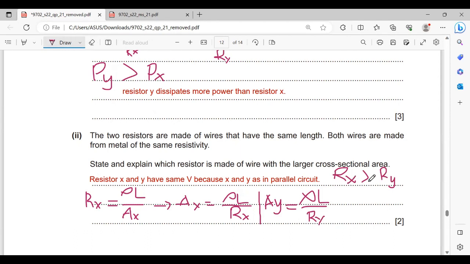Recall that Rx is greater than Ry. It means that if Rx is greater than Ry, there is an implication that Ay is greater than Ax.